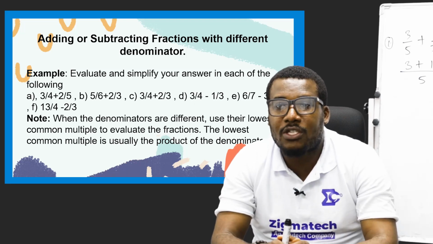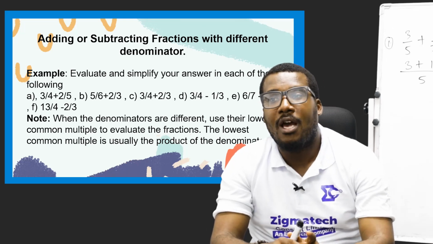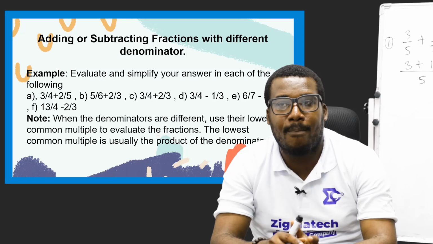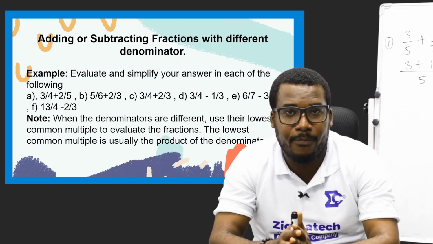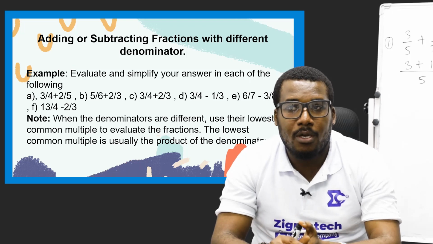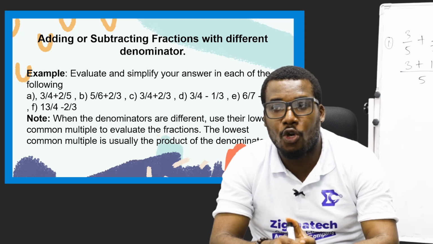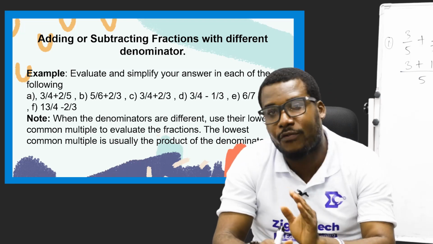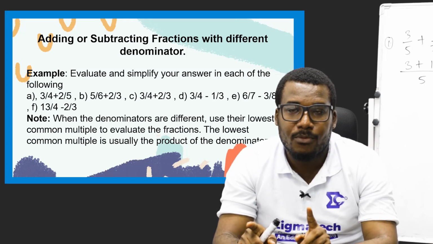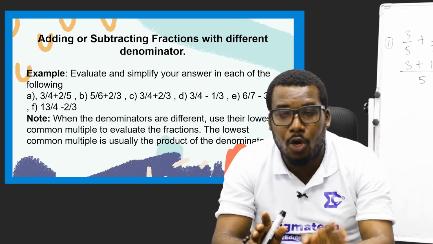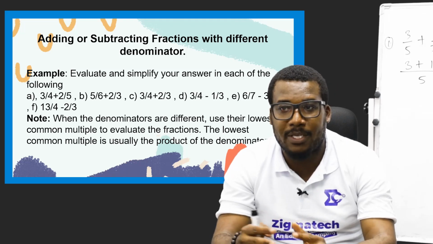When the denominators are different, please ensure you use their lowest common multiple to solve the problem. The lowest common multiple is usually the product of the denominators. So from this one note, you might have deduced the two aspects I want to talk about.